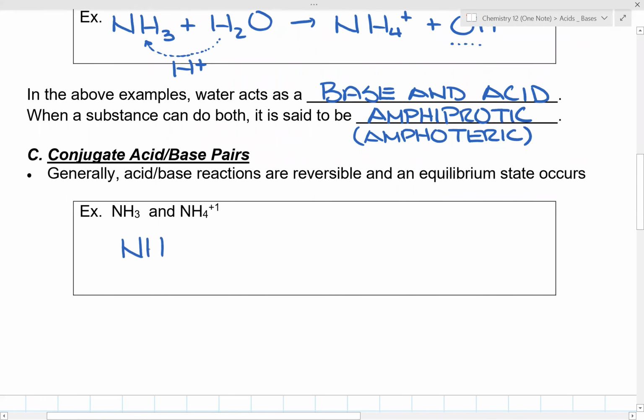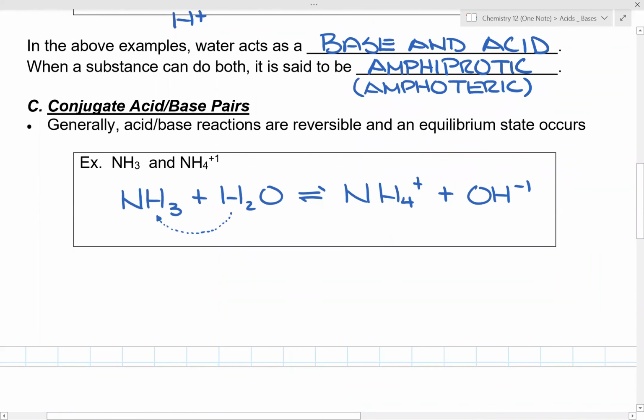When we have NH3 plus water, what we have is an equilibrium system where the water donates the proton to NH3. So what you have is NH4 plus and OH minus 1.